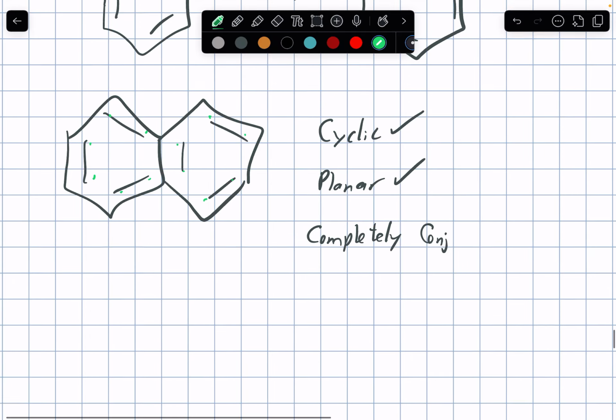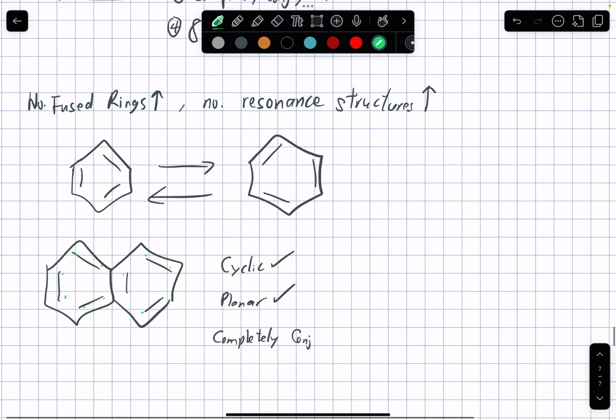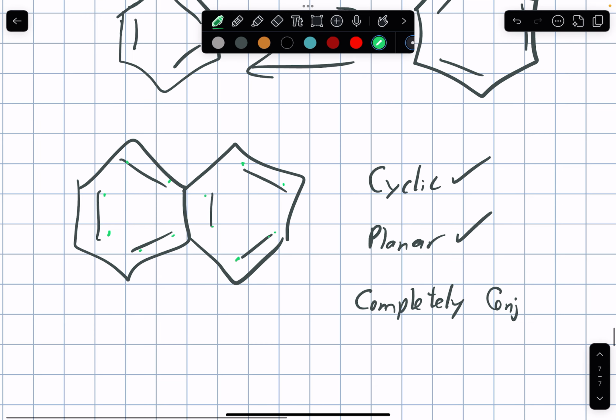Huh. What? 1, 2, 3, 4, 5, 6, 7, 8, 9, 10. I think there's something wrong with my drawing. Yeah, there is. My drawing is wrong. It's supposed to be just 10 electrons. My bad.